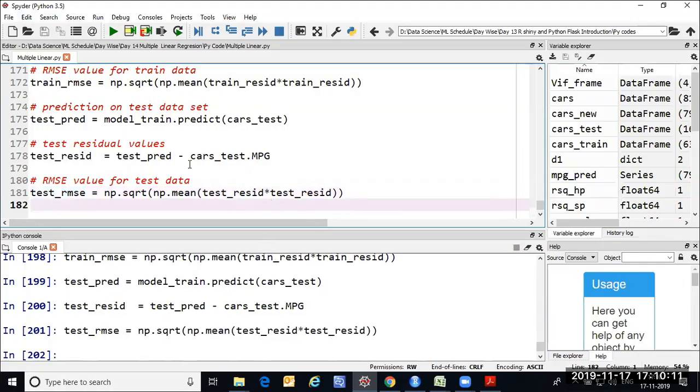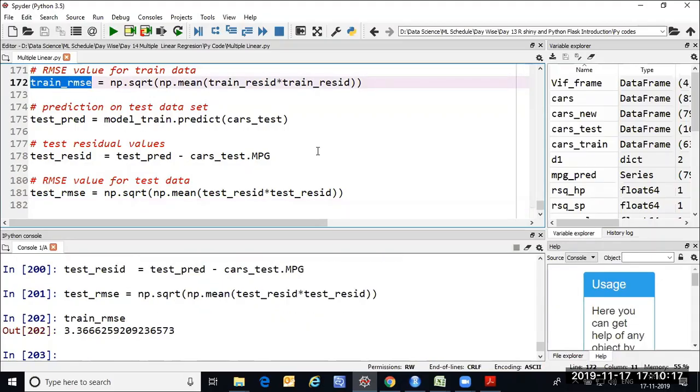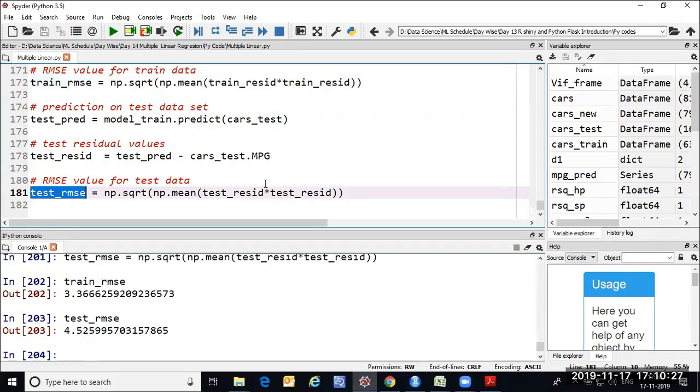Now, what is the training RMSE you got? 3.3667. Let's check the test RMSE, 4.52. Not that far away, very much close by.